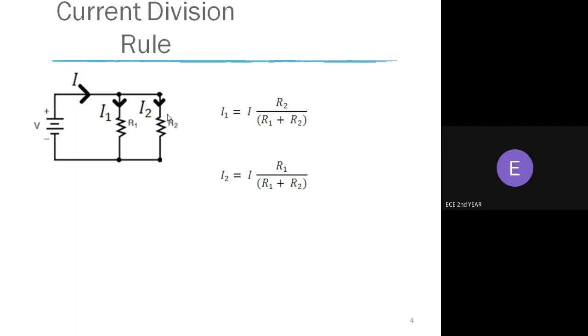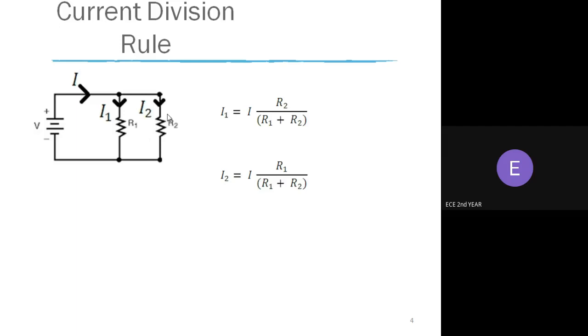Here the formula is: individual current flow is equal to total current into the opposite resistance divided by the total resistance. According to this formula, we develop the formulas for I1 and I2. I1 is equal to the total current I into the opposite resistance, which for R1 is R2, divided by the total resistance R1 plus R2.